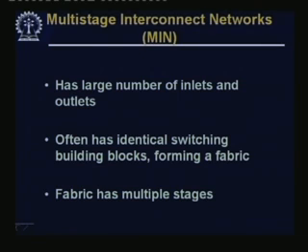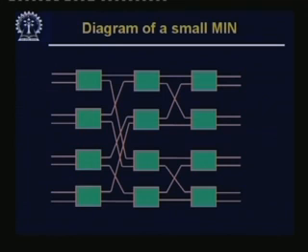The input will come from one side, then go to one stage, then maybe another stage, then maybe a third stage, and then maybe out. So, there are multiple stages, and each stage is broken up into small modules. These modules may be identical, so that they are easier and cheaper to manufacture, and you can handle all your pins in this fashion. So, it often has identical switching building blocks forming a fabric, and the fabric has multiple stages.